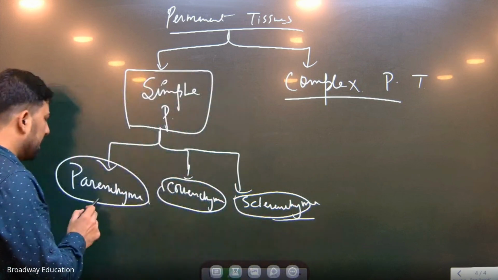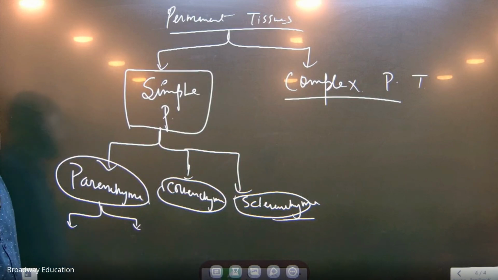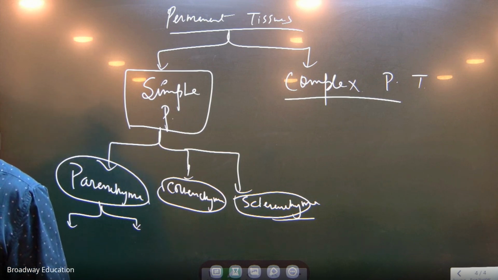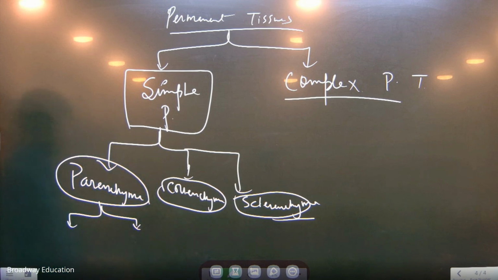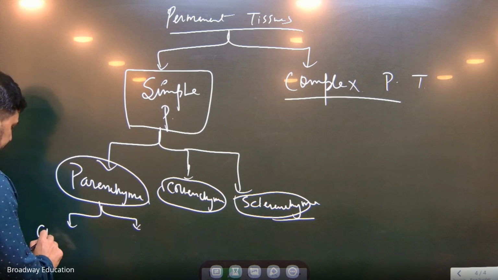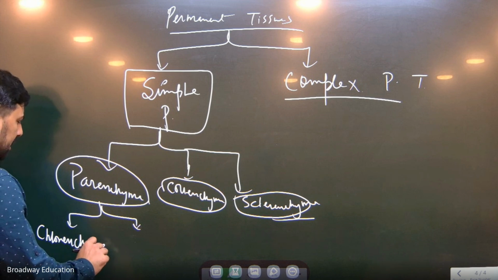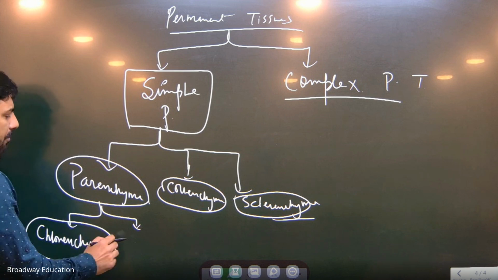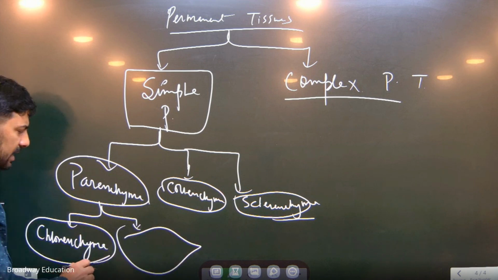In the parenchyma, I said that certain types of parenchyma tissues which are responsible for performing photosynthesis are called what? Chlorenchyma. And those types of parenchyma which are responsible for making the plants afloat are called aerenchyma.